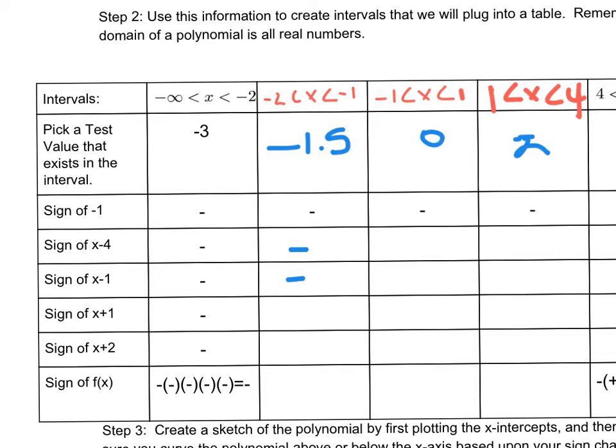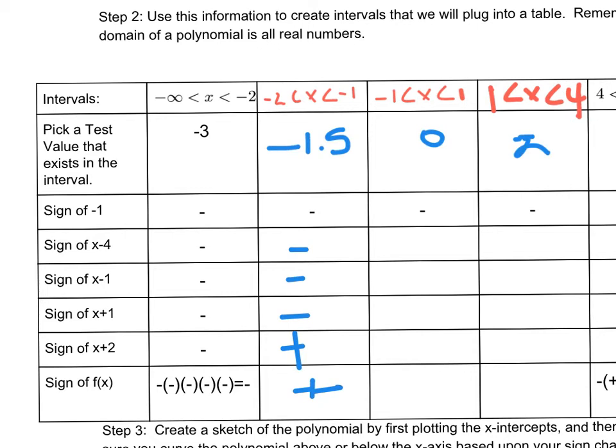Negative 1.5 plus 1, that's negative 0.5. And negative 1.5 plus 2 is positive 0.5. That's positive. So a negative times a negative is a positive. Times another negative is negative. Times another negative is positive. Times a positive is positive. So all these signs together make a positive. So notice I don't care what the exact values are. All I care about is their signs. This is called a sign chart.